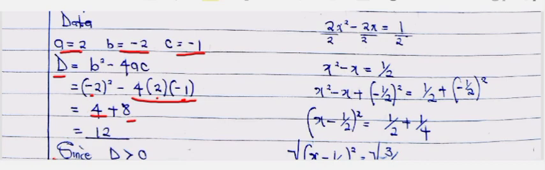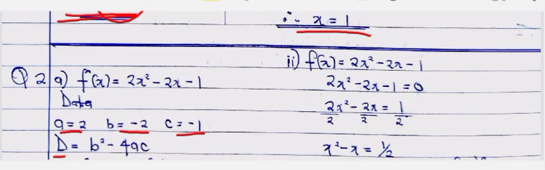Now, we move on to the next part of the question, which says solve f of x equals 0 by completing the square. So if f of x is equal to 0, how do we solve it? By using the completing of the square method. We've been taught that where there's f of x, we can replace with 0. So first things first, we move the constant value to the other side. So this is our 1 here.